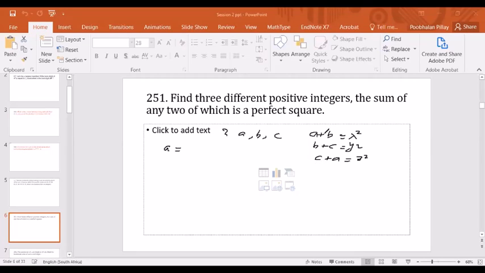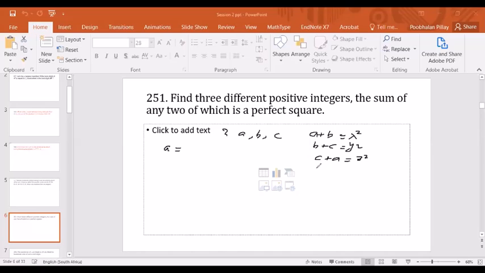One of the ways of doing this is, for instance, eliminate B. You can eliminate B from the first two equations, and you'll get A minus C, and then you can get x squared minus y squared here, and you get A plus C here, and then you've got two equations, two unknowns, and you can solve for A, and you can solve for C, and then substitute for C, and you can get B. Right? So that's one of the ways of doing it. Eliminate one of the unknowns from the two equations, and then you have two equations and two unknowns. Do that. But I've got a much better way of doing it.